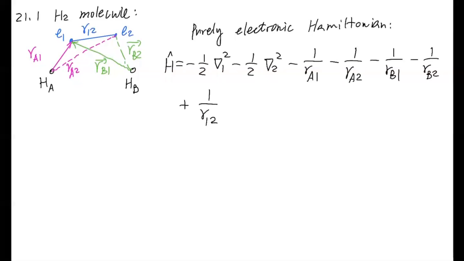Now, obviously, this eigenvalue equation cannot be solved by separation of variables, because the coordinate of 1 and the coordinate of 2 are intrinsically non-separable. So we have to use an approximate method to solve the Schrodinger equation.